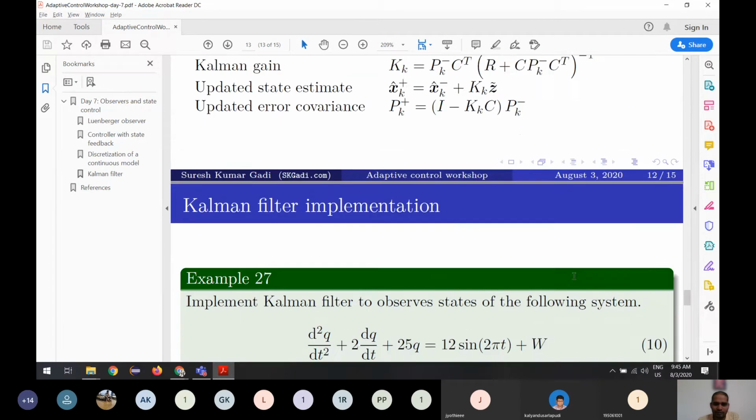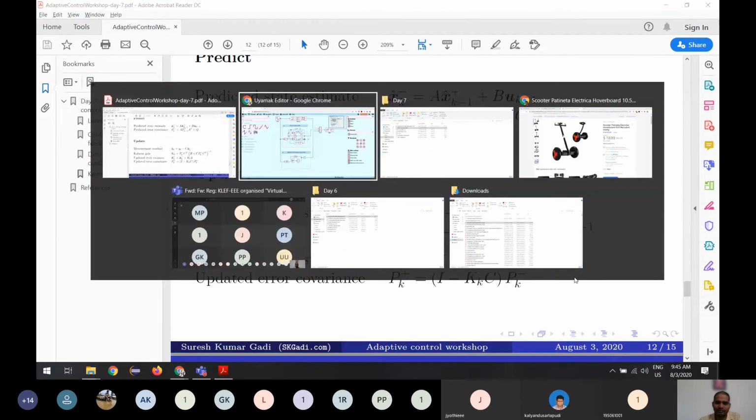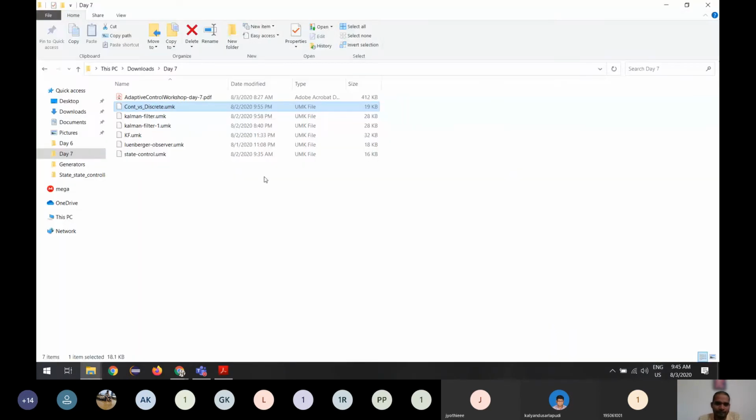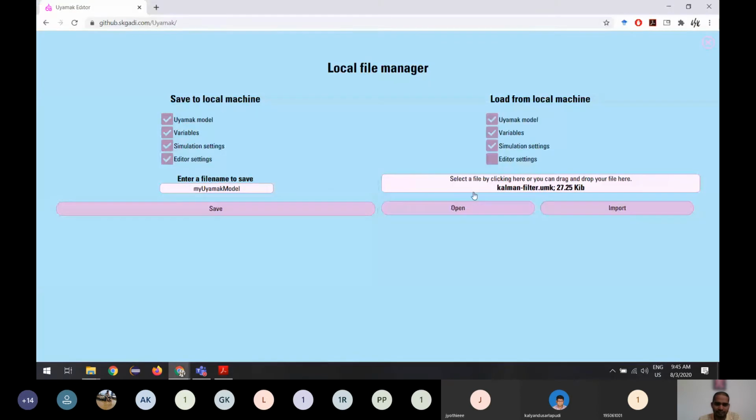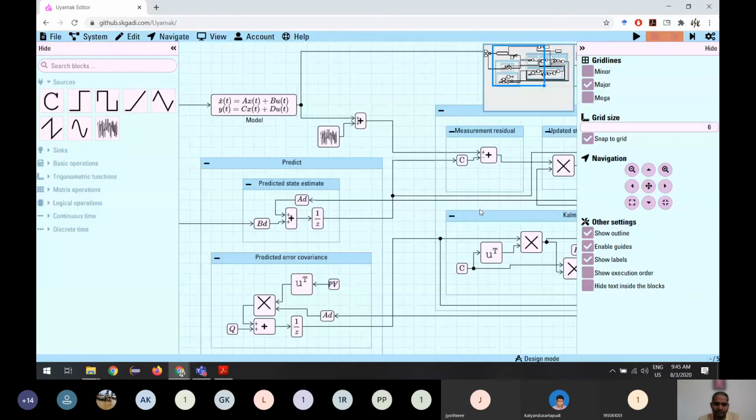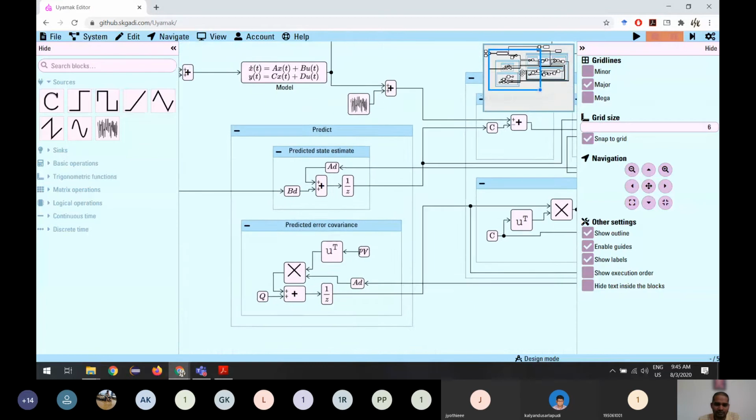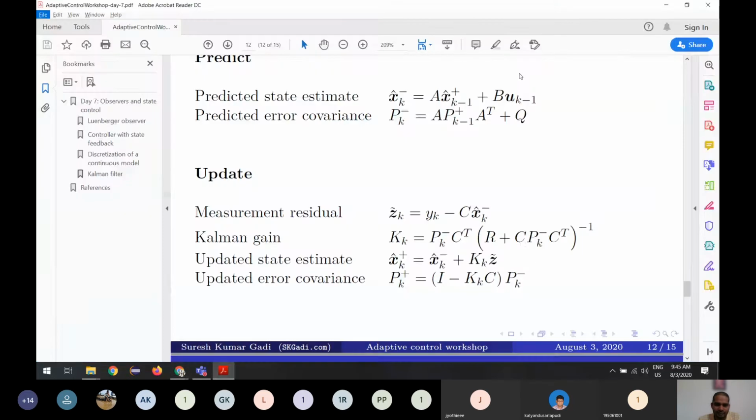Let us see first how I am implementing this. Then we will see the values one by one. First let me show a simple version, then I will show a little more complex version. So we have this in two stages, right? The first stage is predict.